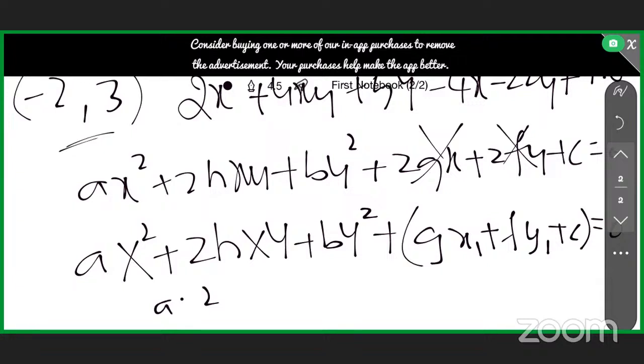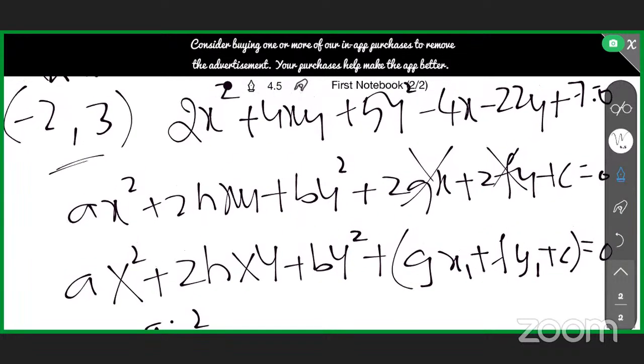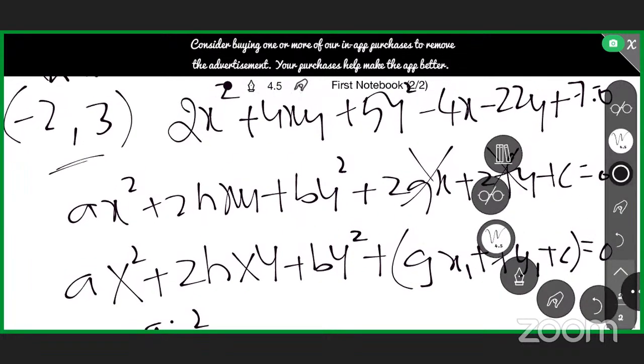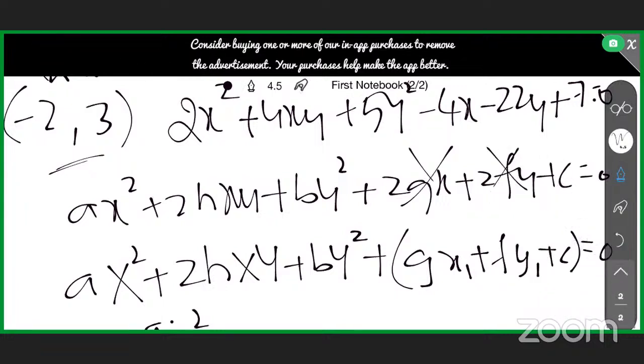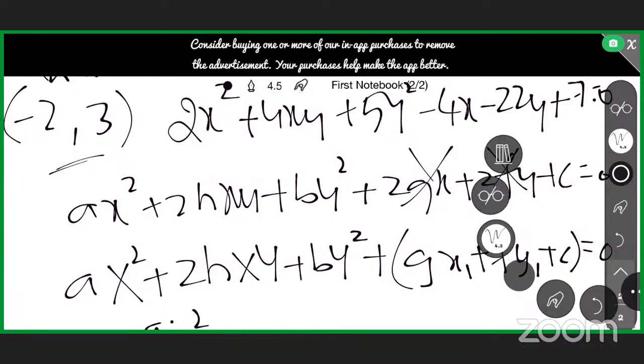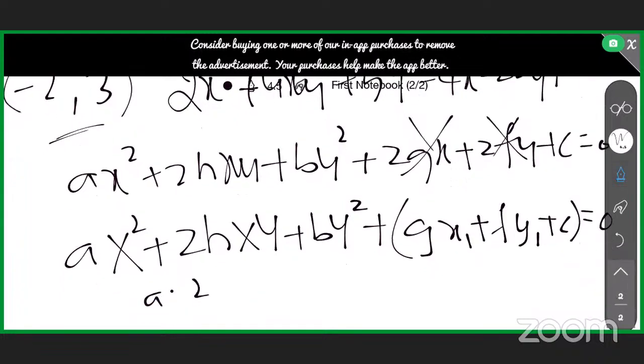I'll rub off this general equation and write my A value there. I want the screen afterwards, I want this equation also for you. Alright. What is my A value?